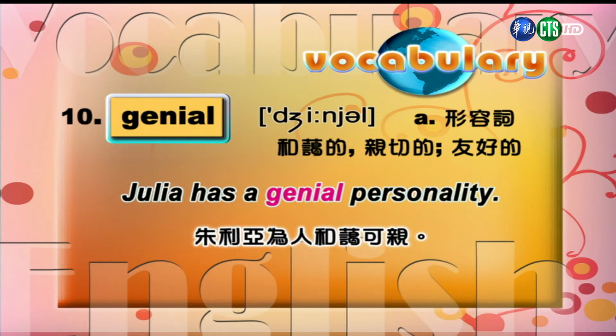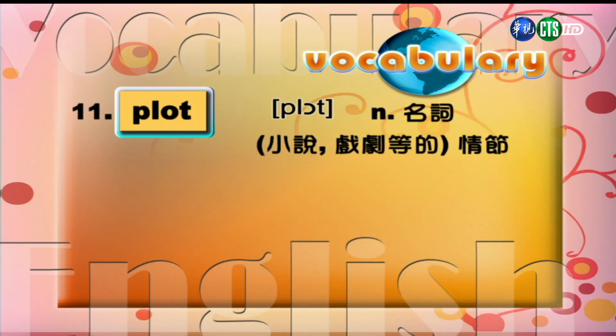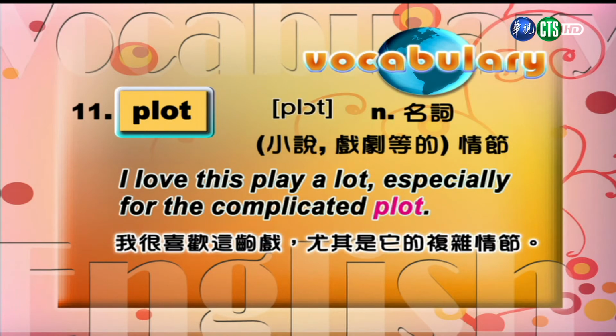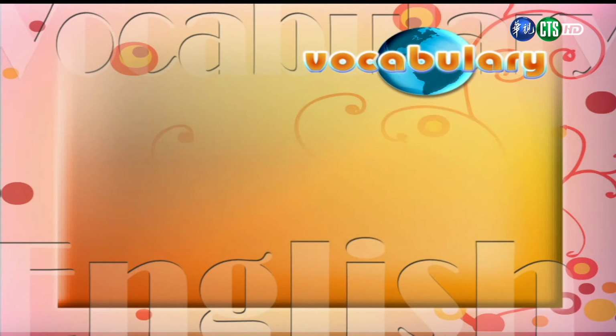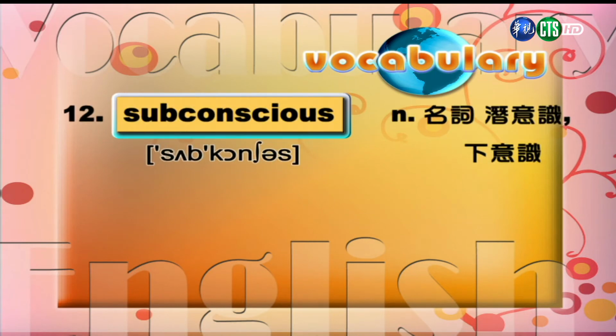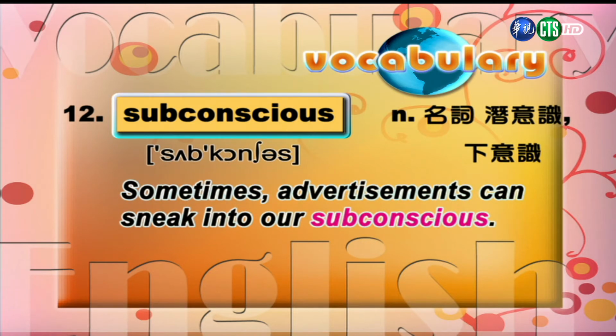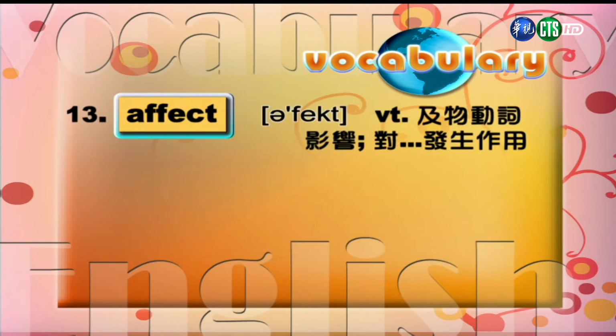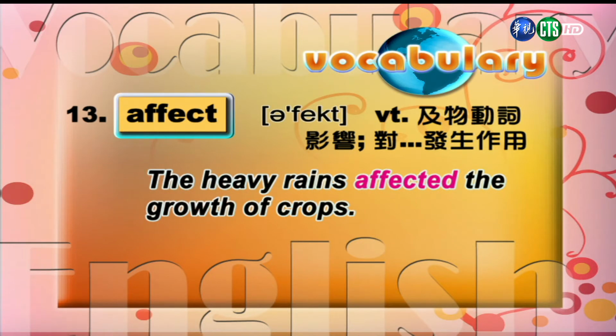Julia 做人和蔼可亲。 Number 11, plot, noun. 名词小说、戏剧的情节。 I love this play a lot, especially for the complicated plot. 我很喜欢这出戏，尤其是它复杂的情节。 Number 12, subconscious, noun. 名词潜意识、下意识。 Sometimes advertisements can sneak into our subconscious. 有时候广告会偷偷的潜入我们的下意识。 Number 13, affect, verb. 动词影响，对什么发生作用。 The heavy rains affected the growth of crops.